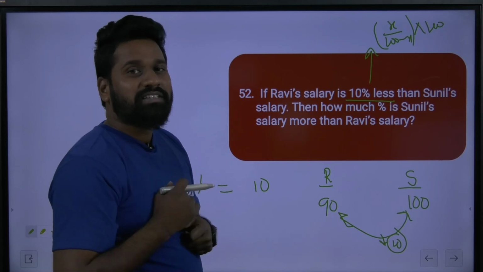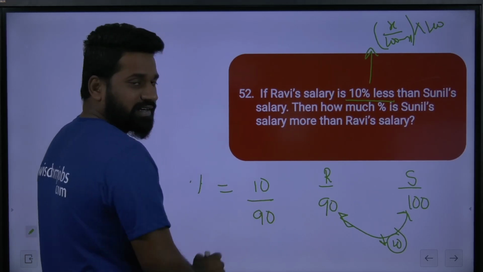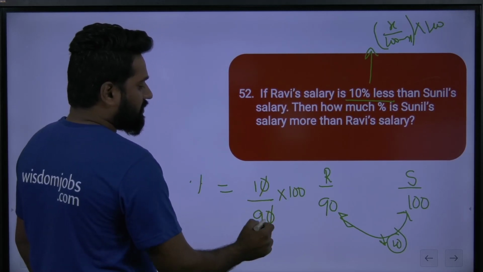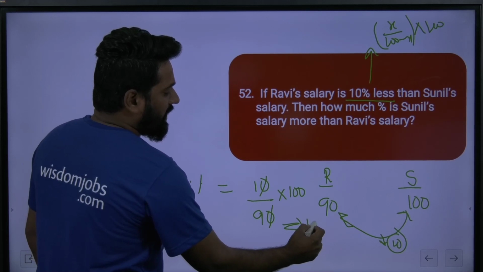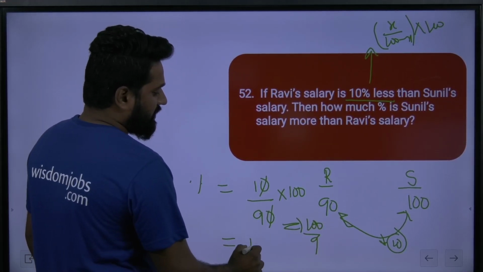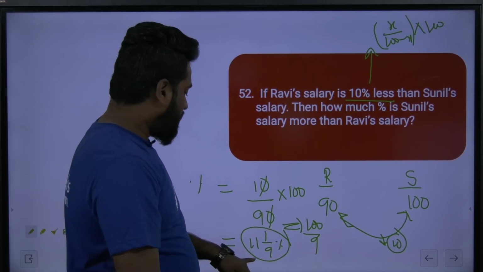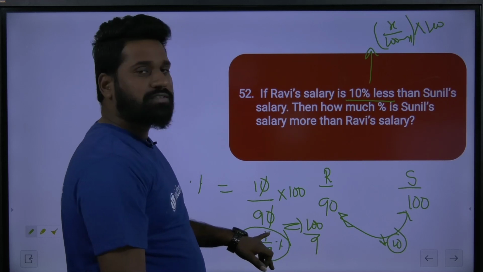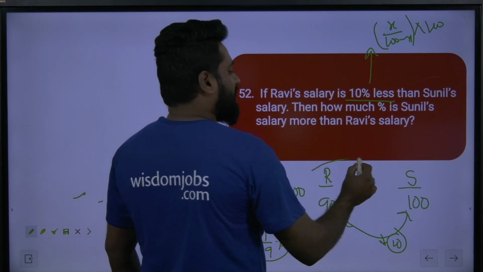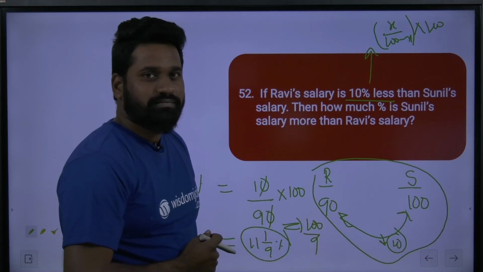So it's comparing with Ravi, so Ravi should be in the denominator. 10 by 90 into 100. 0, 0 cancel. So finally 100 by 9 percentage, which is same as 11 1 by 9%. That is 9 into 11, 99 plus 1, 100. Is it clear? So simply you can consider like this if you forget the formula, and then you can proceed. Right?